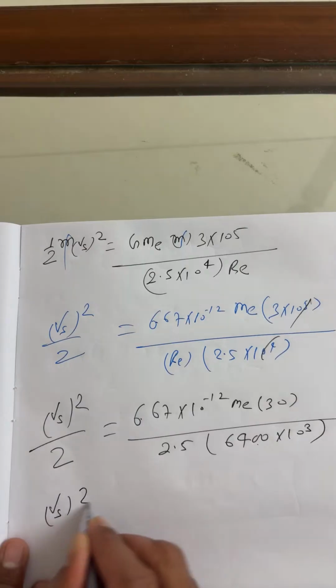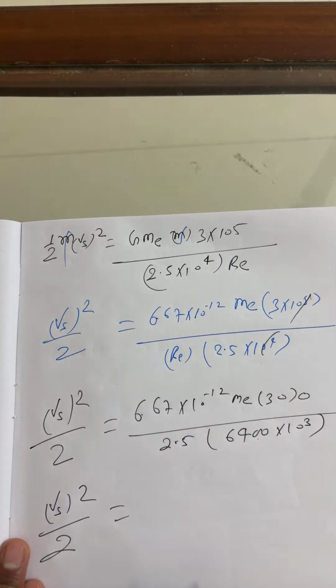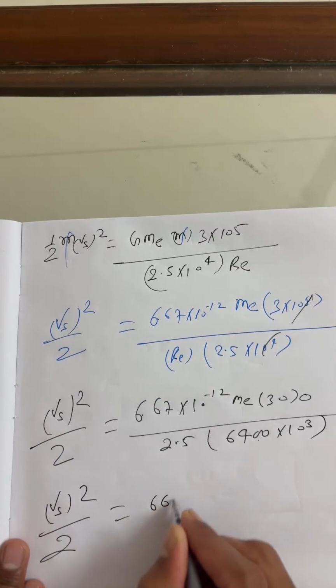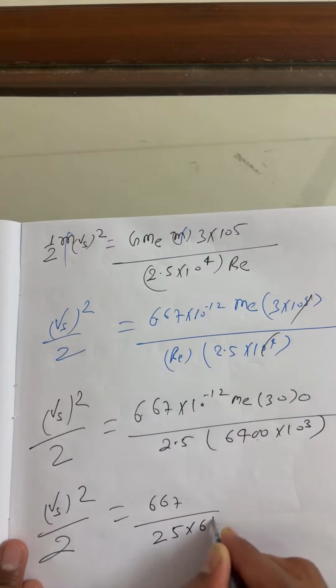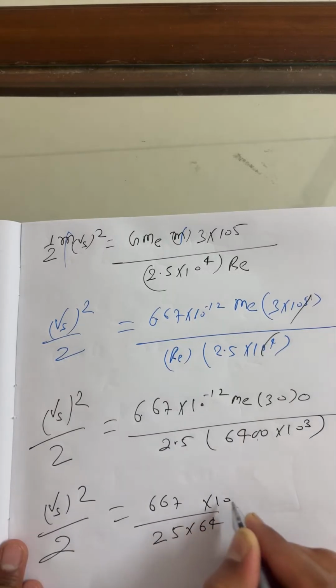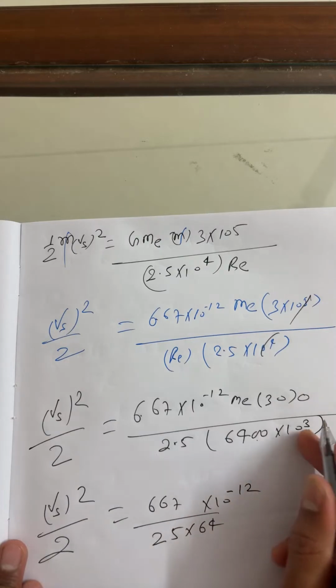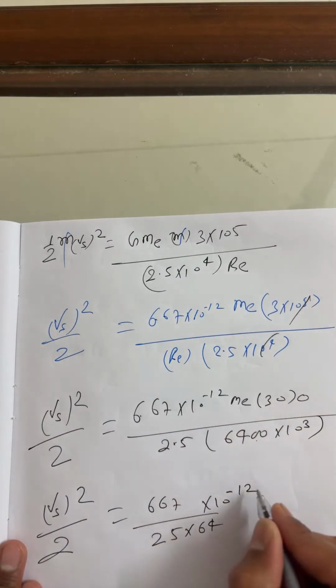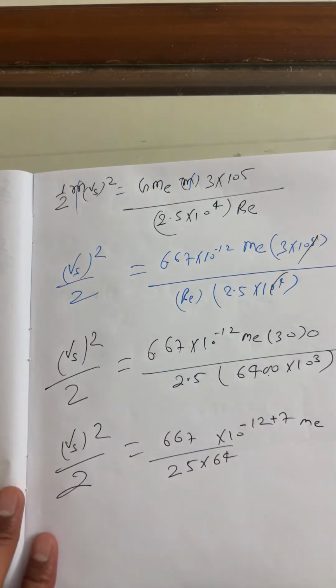So V_s square by 2. We have one more here. You can see over here. So 667 by 25 into 64, 10 to the power minus 12. And this is 3 plus 2, 5 plus 2, 7 plus 7 into mass of Earth.